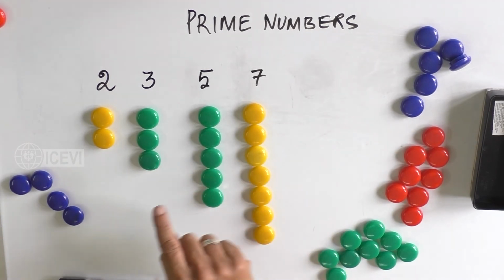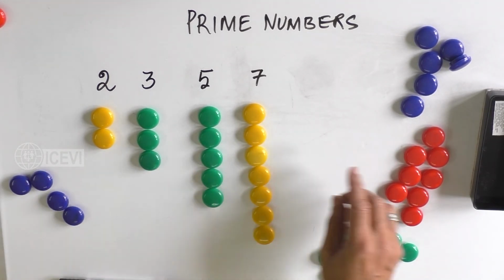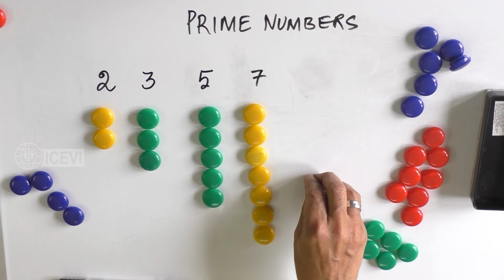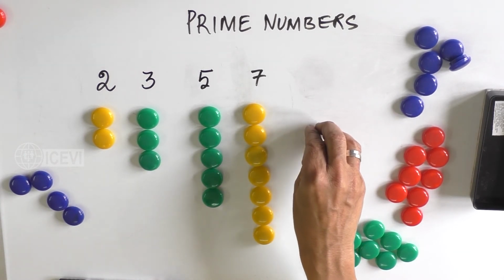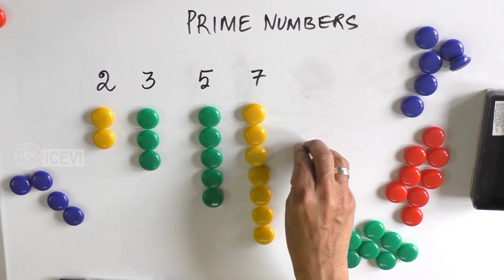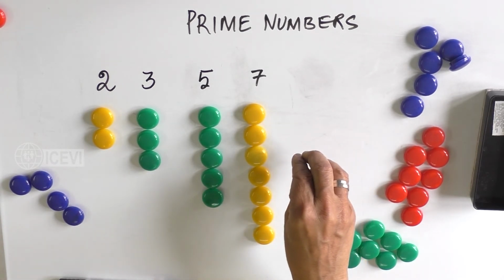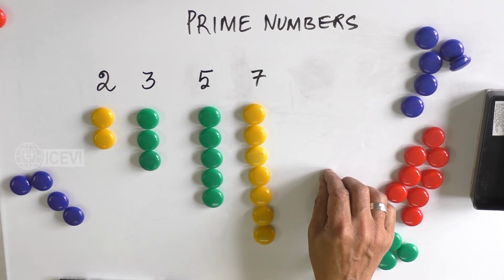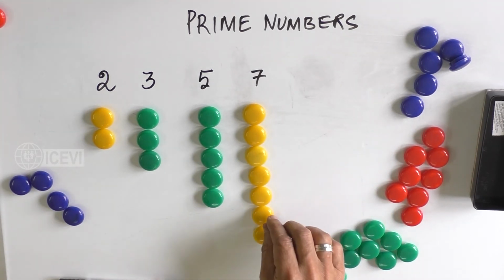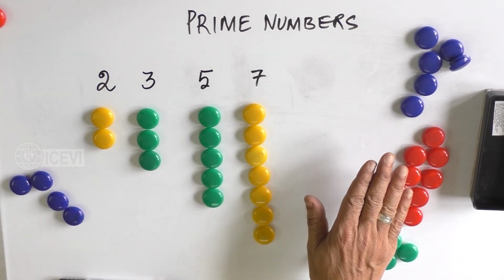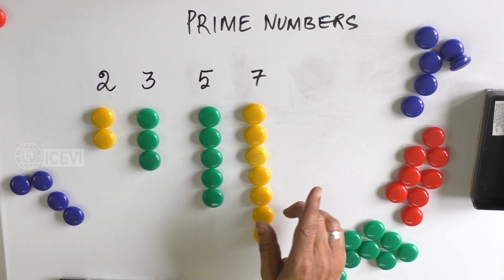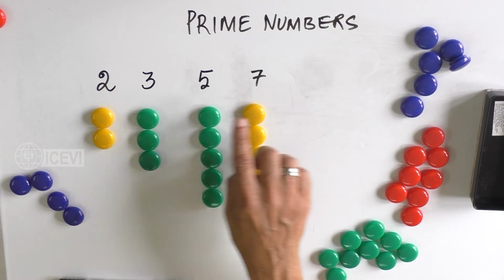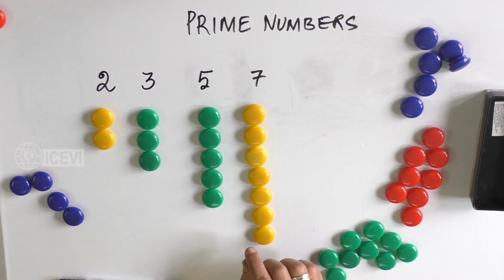Now even numbers except 2, for example you take 10. 10 is an even number. In addition to 1 and 10, you have 2 serving as a divisor, 5 serving as a divisor. So the even numbers except 2 are not prime numbers. But we cannot say that all odd numbers are prime numbers.